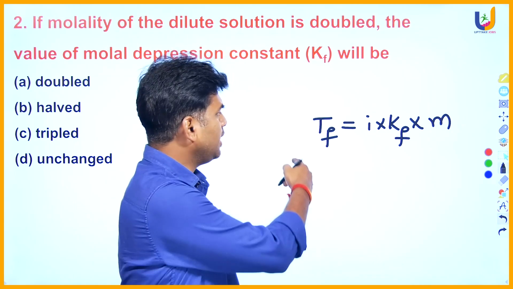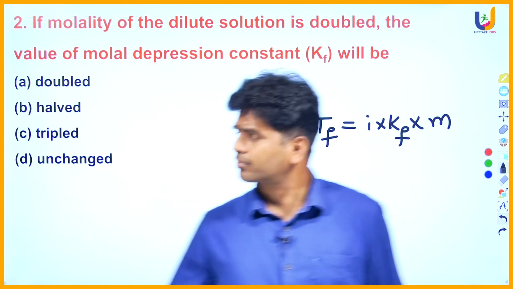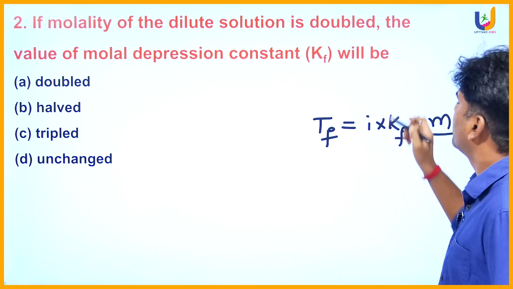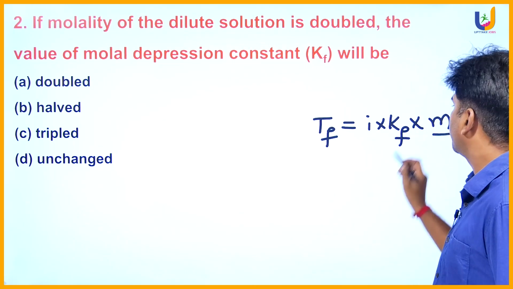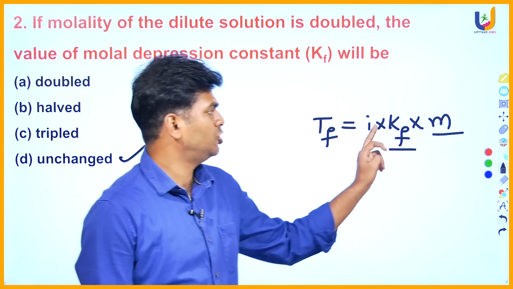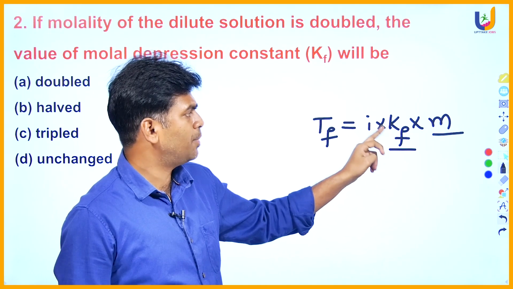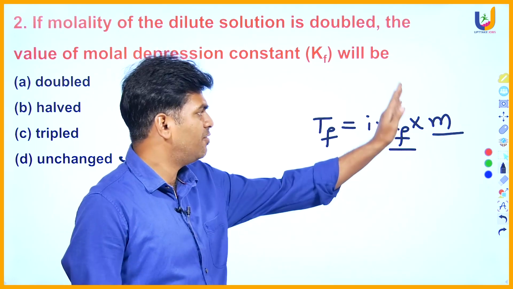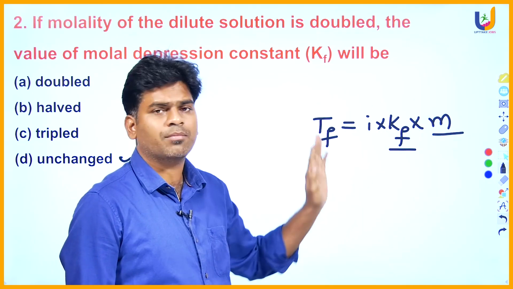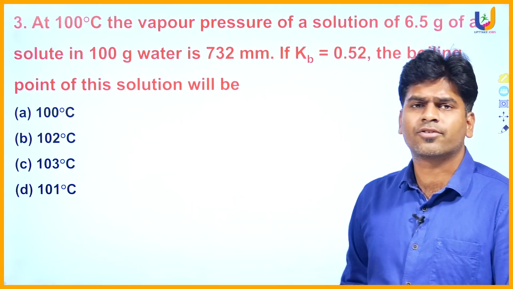So ΔTf is equal to i into Kf into m. What they are saying is, if the molality is doubled, the value of molar depression constant will not change, because it doesn't depend on m. Whether m changes or doubles or not, it will be the same, unchanged. This is the answer. So let's see the next question, children.